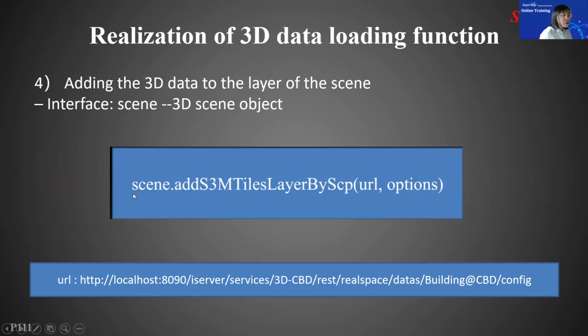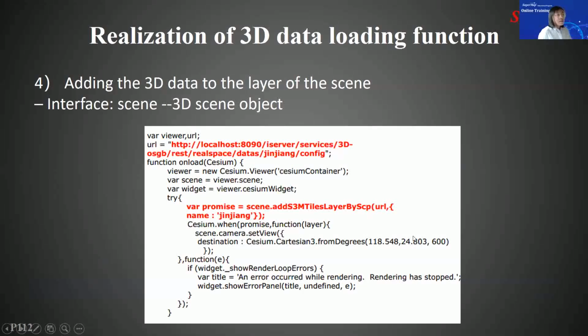Then next step, we can add the 3D data to the scene. Because for S3M models, we could use scene.addS3MTilesLayerByScp, and the URL is a service link, a 3D service link, like this. So this is one 3D models link config.